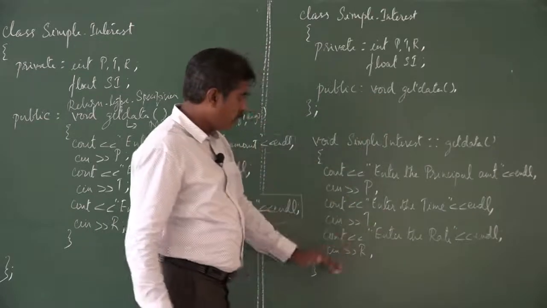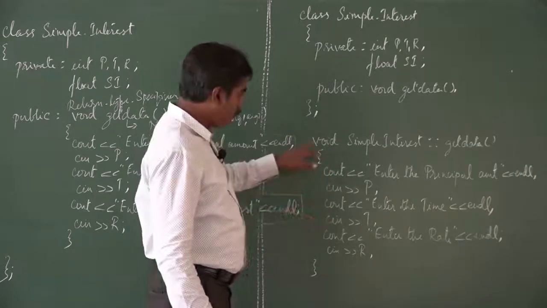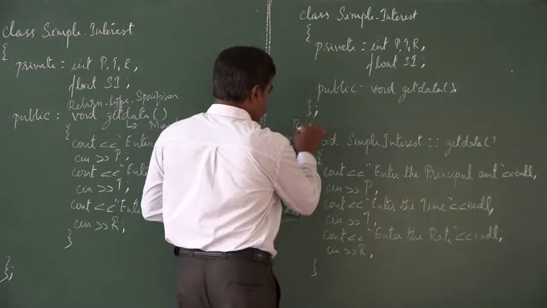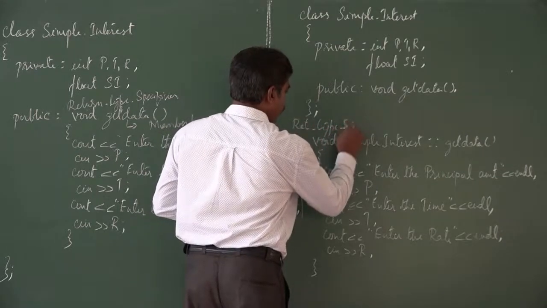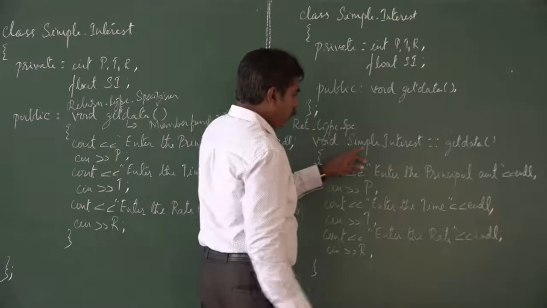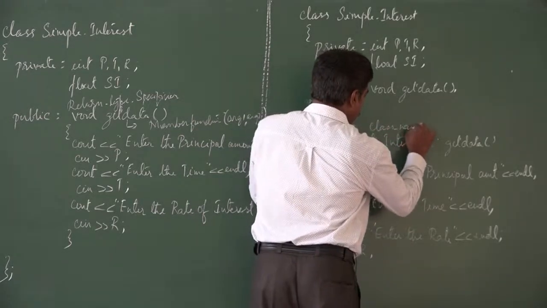This is the definition. So when we look at the syntax for outside class definition, the return type specifier comes there, and then we have the class_name.